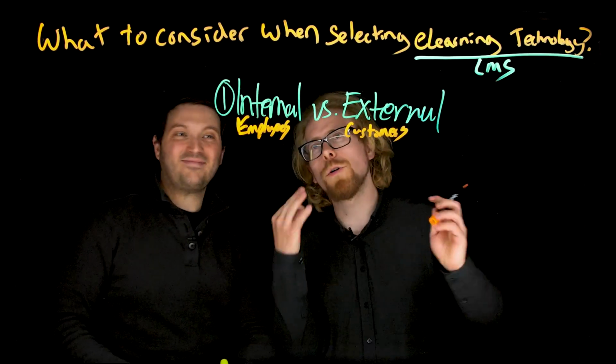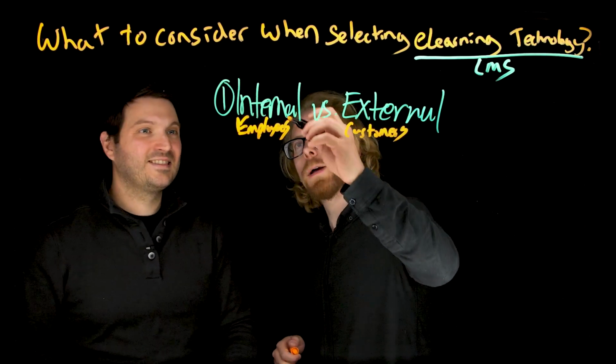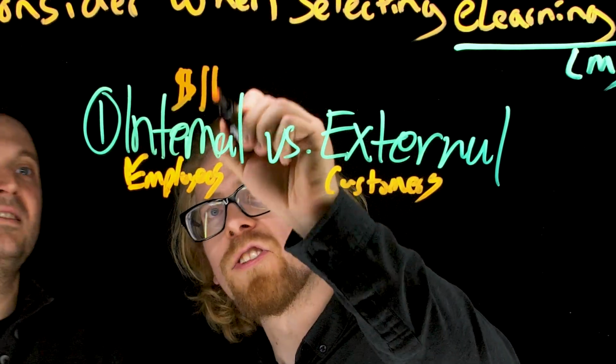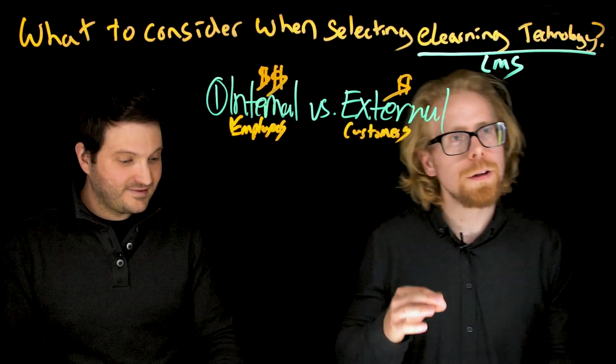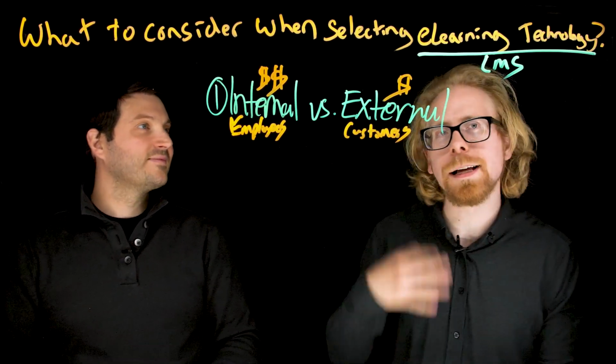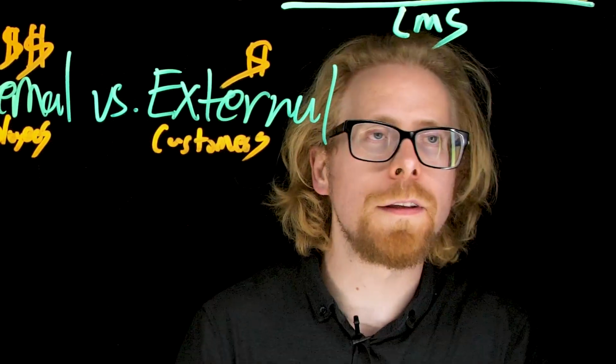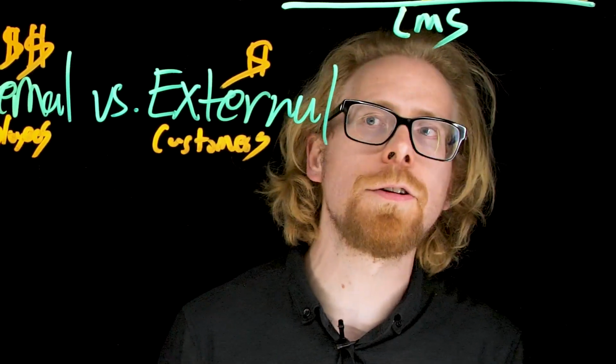And why this is so important is because internal LMSs cost more than external LMSs. External LMSs are built to scale up with you as you close more deals, as you bring more students into your system.